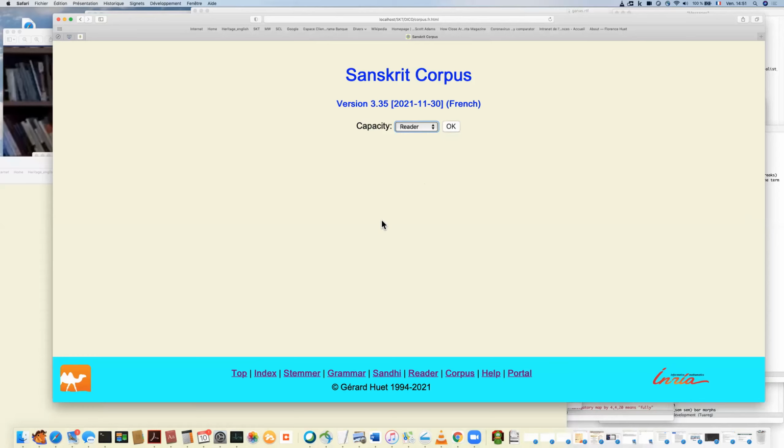You cannot change the global database that is readable by everyone. I don't want any random person to change the corpus under my feet. So if you want to manage the corpus, add more sentences and modify them, you need all these capabilities, and you will get these if you install the whole system on your own server.